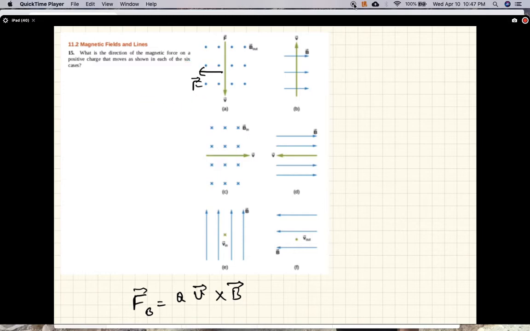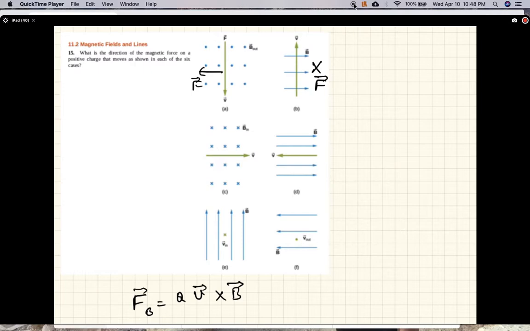All right, let's look at case B. V is in the upward direction, B is to the right, and so if you turn a screw like that, it would move into the plane of the paper. So the force would be into the plane of the paper.